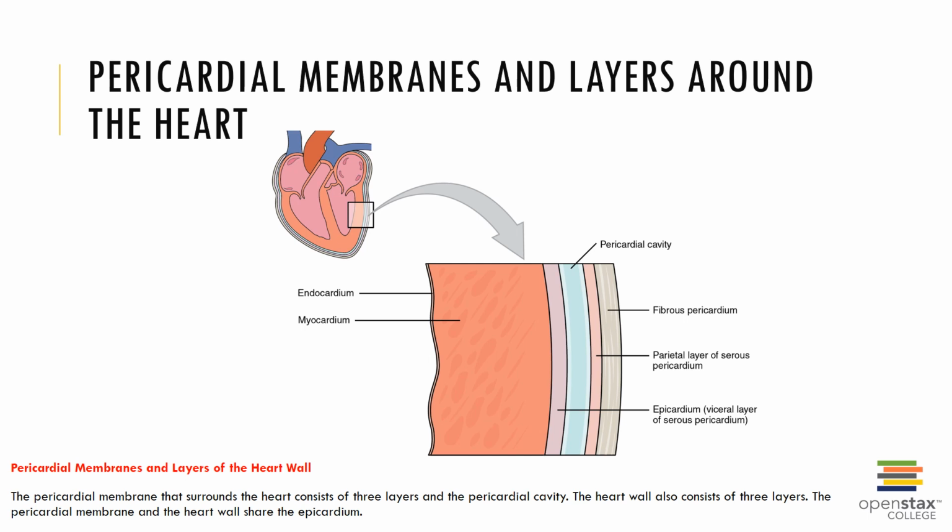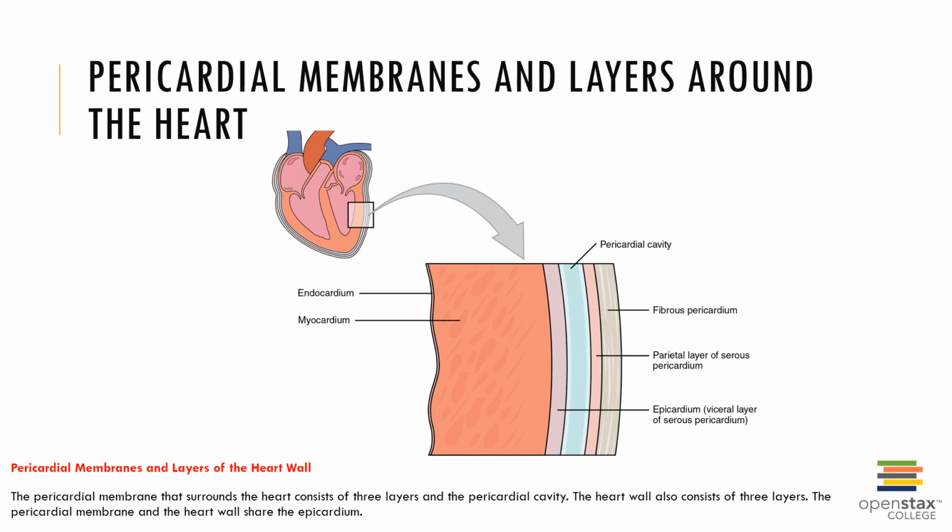A fibrous pericardium, which is a tough, loose-fitting outer membrane, a serous pericardium, a double-layered inner serous membrane, which consists of a parietal layer, the outer layer of the serous pericardium, and the visceral layer, which is the inner layer and is equivalent to the epicardium, which also serves as the outer wall of the heart.